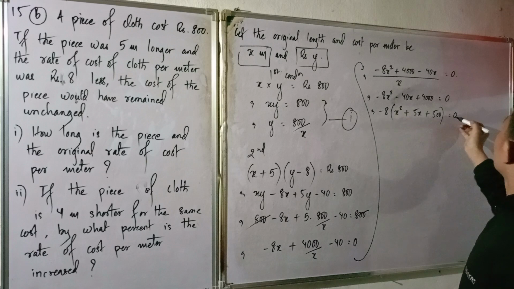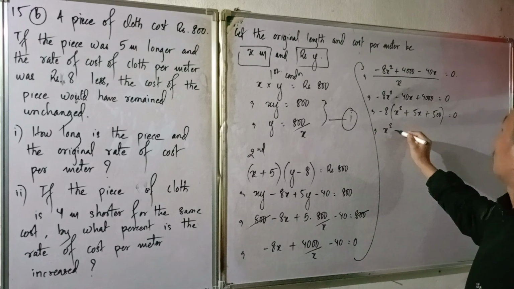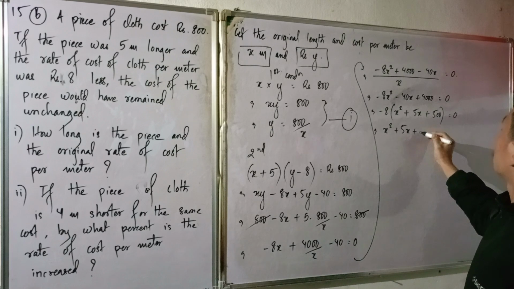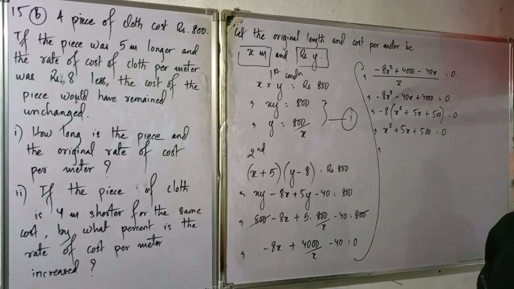This minus 8 will diminish with this 0. x square plus 5x minus 500, you just factorize this. So 25 times 20, 500.